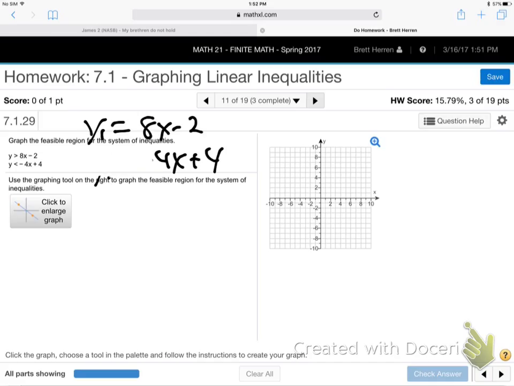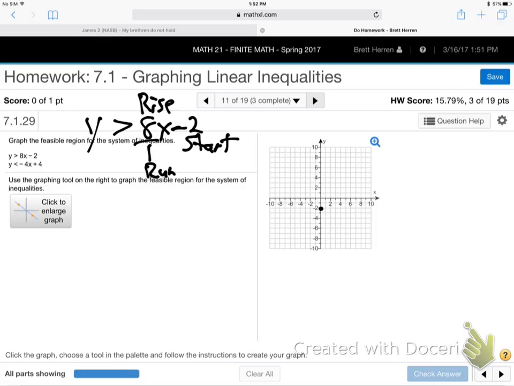So all right, here we go. Let's do the first one here. So how do I graph y greater than 8x minus 2? Where do I start? Where's my first dot? Negative 2. Right there. All right, and how do I get to my second dot? We start at negative 2. This is 8 over 1, rise over run.